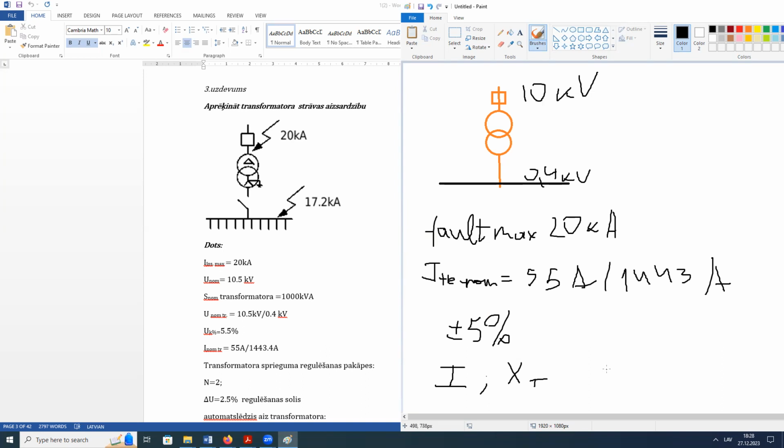That's why you should calculate min and max. When we have 10.5 multiplied by 1.5, sorry.